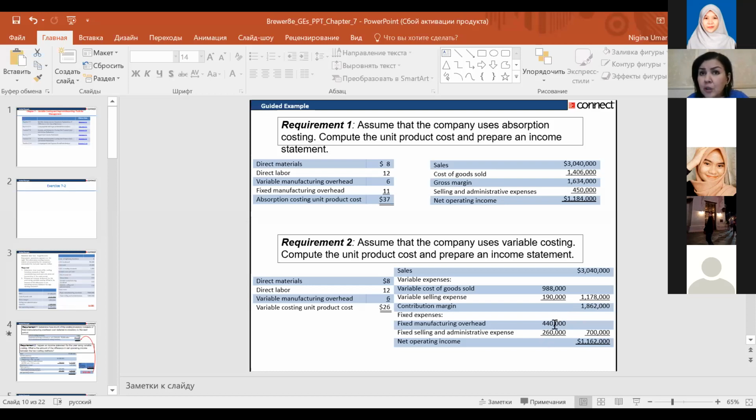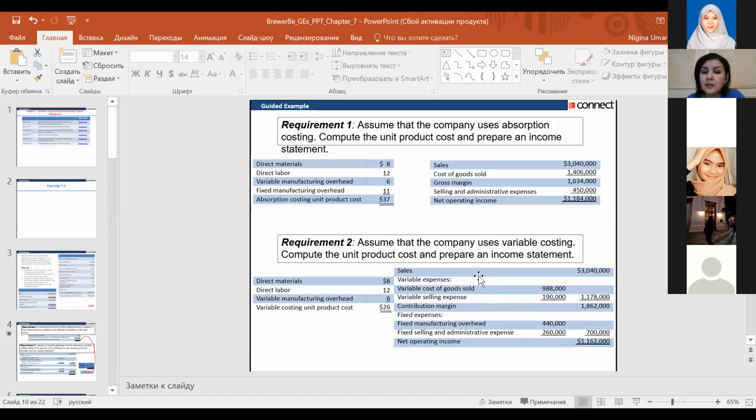Why is it called contribution margin? Because this value, 1,862,000, contributes towards net operating profit after covering fixed costs.